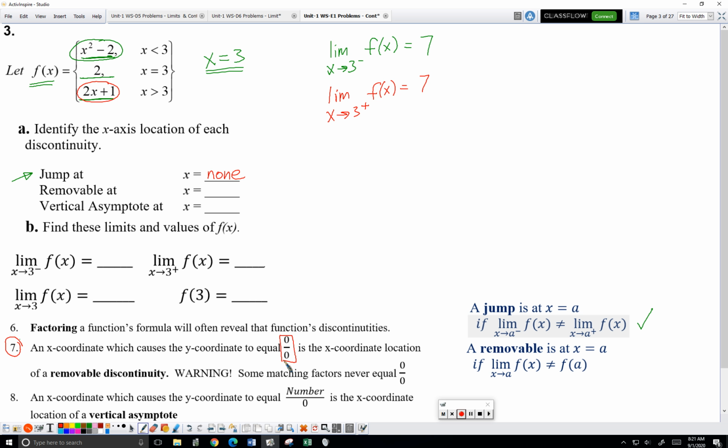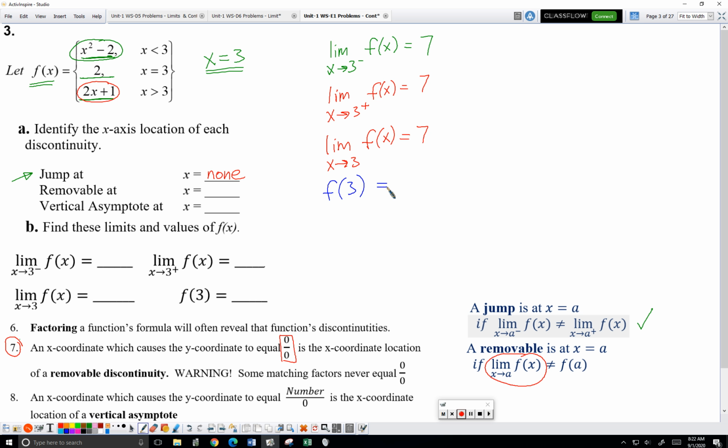So piecewise, we're just going to check. We already know that the left and right limits are equal. That means the overall limit in this case is going to equal 7. So we know that the limit as x approaches 3 is 7. What we now need to find is the value of the function itself when the x-coordinate is precisely equal to 3.